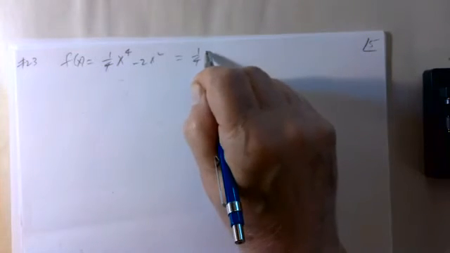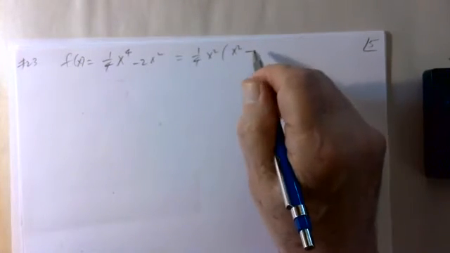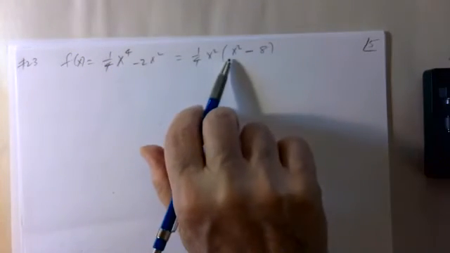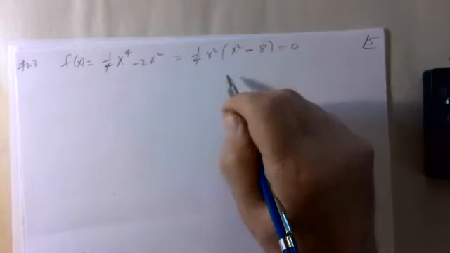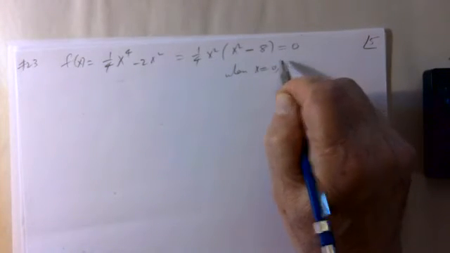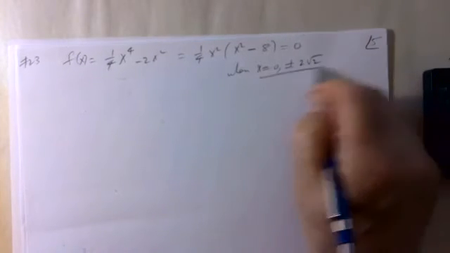If I factor out 1/4 x squared, I get x squared minus 8, I think. So this is equal to 0 when x is 0 or plus or minus the square root of 8, which is plus or minus 2 root 2.